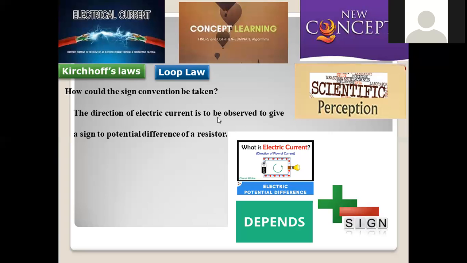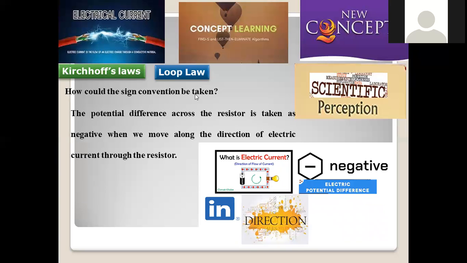The direction of electrical current is to be observed to take the sign of the potential of the resistor. In what way the electrical current is moving, based on that only the sign convention is provided. How can the sign convention be taken in addition to that? Here, a potential difference across the resistor is taken as negative. The potential difference is denoted as the EMF of the cell itself, and we are moving in the direction of the electrical current through the resistor.